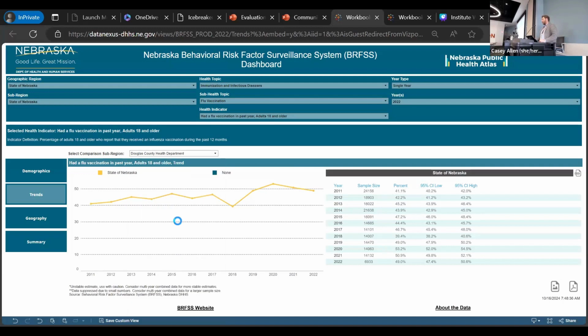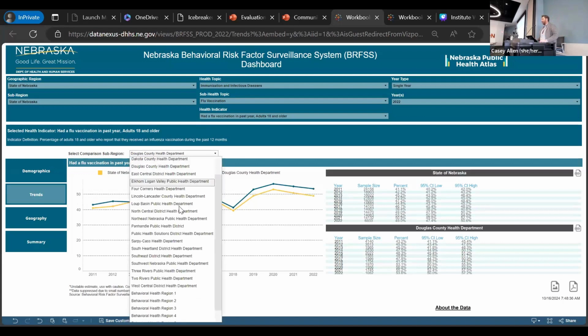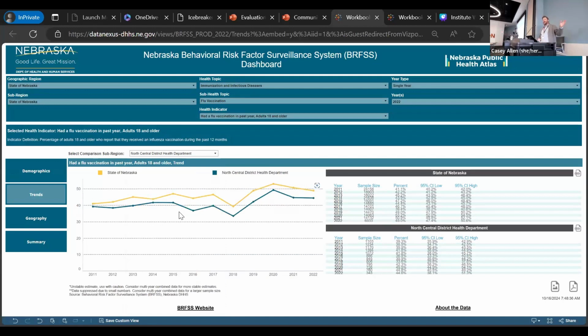If we look at Douglas County, for example, we could see that the Douglas County Health Department actually exceeds those rates and performs a little bit better. If we wanted to look at one of our more rural areas, we could look at North Central District, and we could see that they actually have lower rates. So already we're starting to see some urban and rural disparities emerge just by looking at this dashboard.